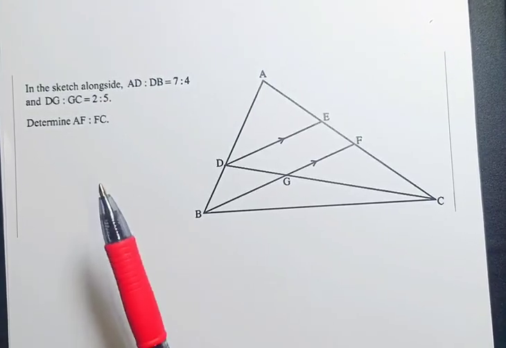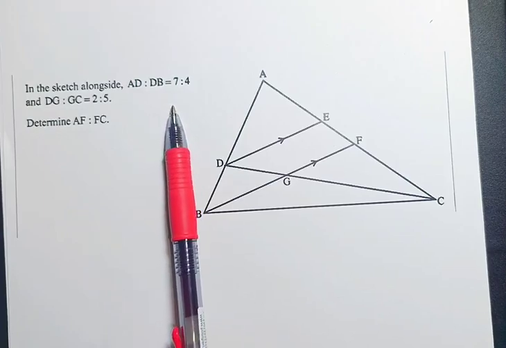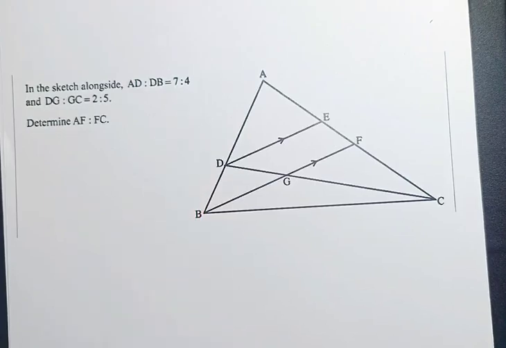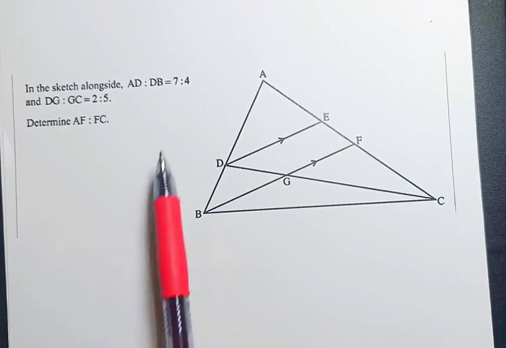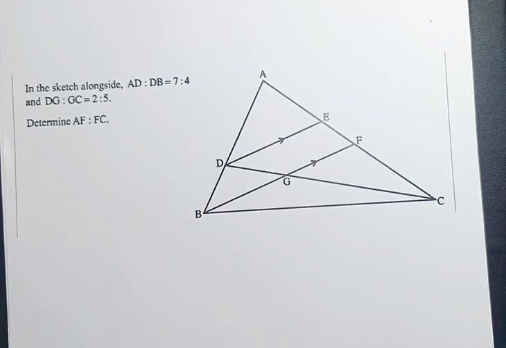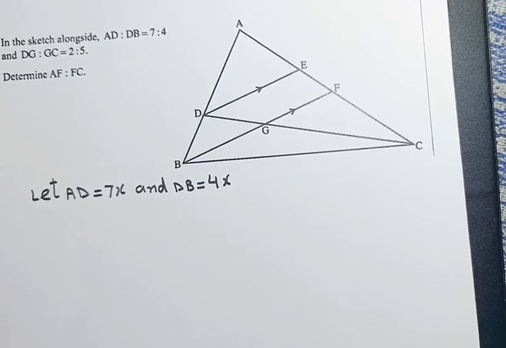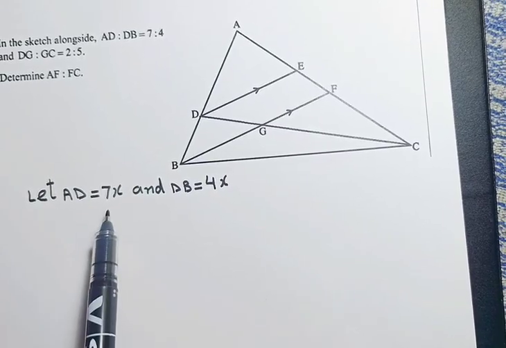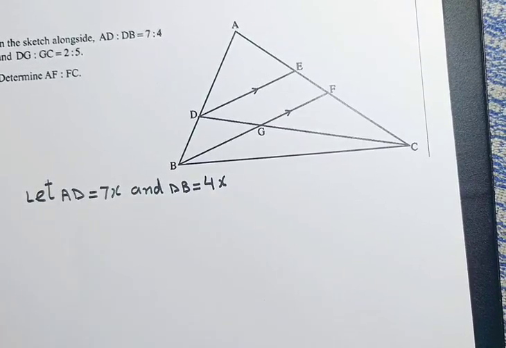Remember, we've got two different kinds of ratio here, so we're going to denote them with x and y. We don't have the actual lengths, so that's why we're going to denote with x and y. So the first thing I'm going to do, let AD be equal to 7x and DB equal to 4x.